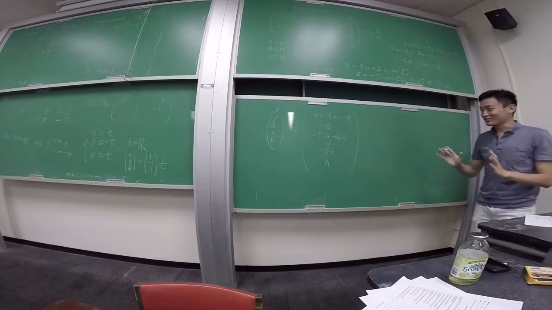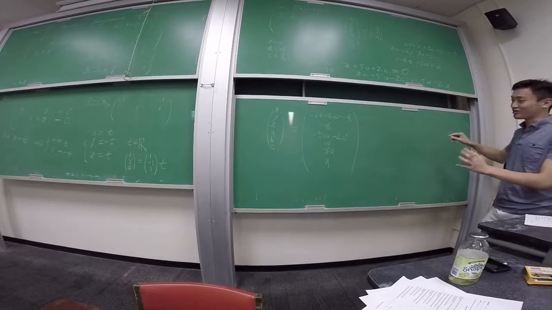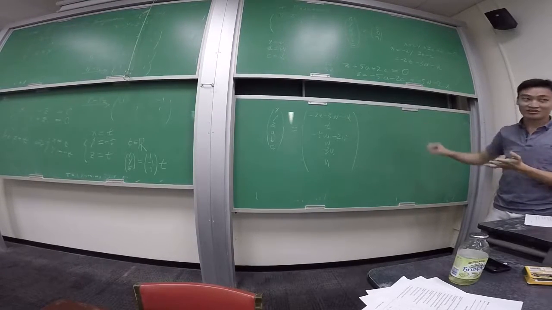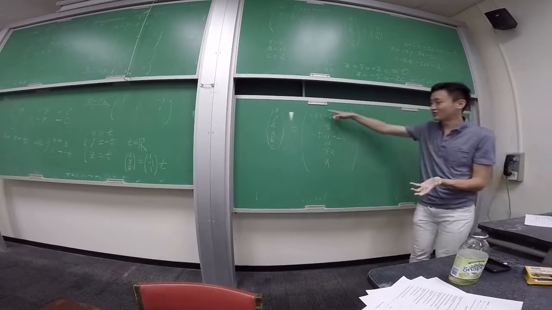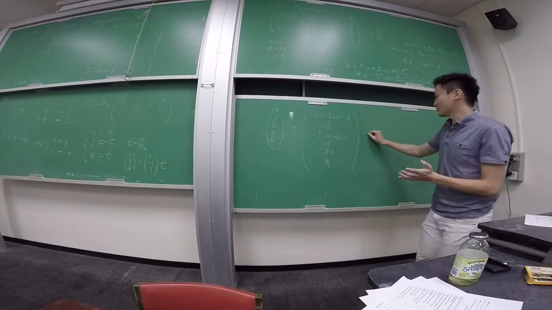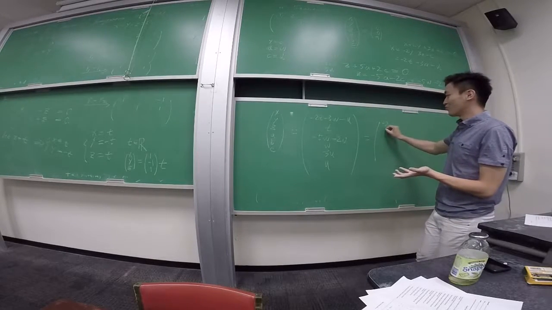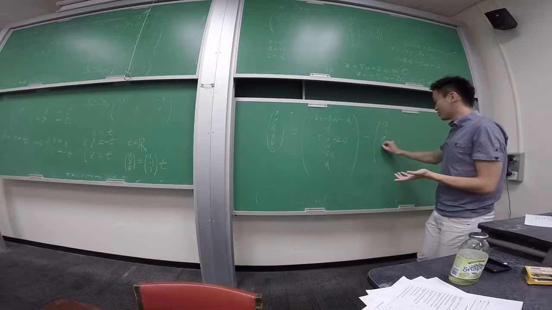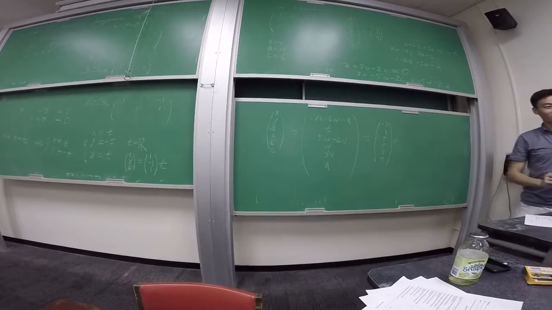Okay, and then we can split this up as a linear combination of 3 column vectors. As you can see, if you only look at the terms of t, then you can split it as negative 2, 1, 0, 0, 0, 0 multiplied by t, right?